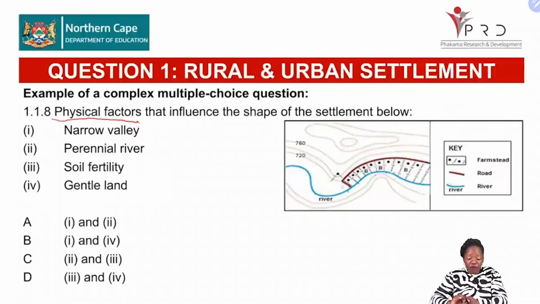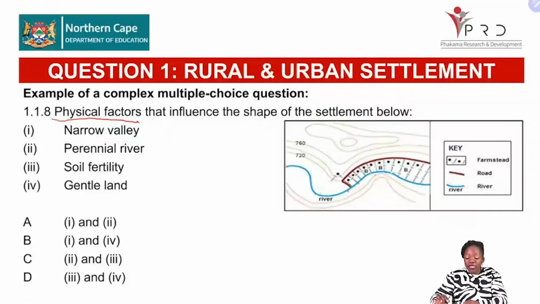Is it a narrow valley? Is it a perennial river? Your soil fertility, as well as your gentle land. So you are given a key again, it's a farmstead. As you can see, the shape of the farmstead is linear. Then you are given a road, but is a road a physical factor or another factor?